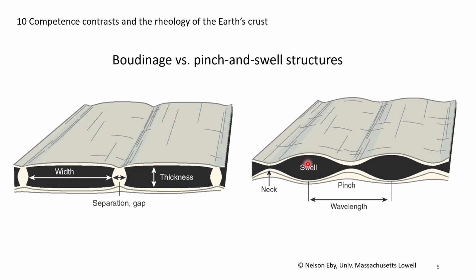The difference between the swell part and the pinched part of the structure is the different extent of thinning, which is more intense in the pinch and is less intense in the swell part. But throughout the layer, we can expect that a certain amount of thinning has taken place during lateral stretching of that layer.